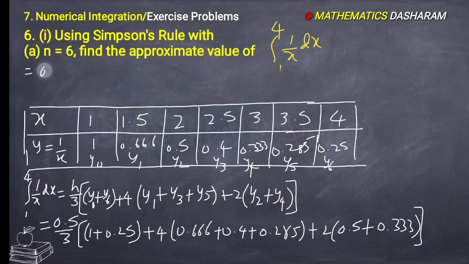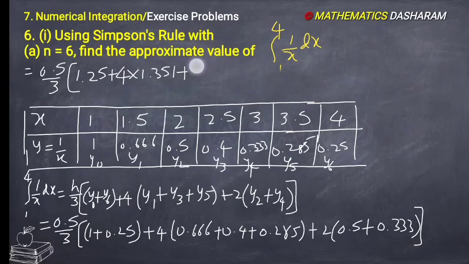It equals 0.5 divided by 3 times (1 plus 0.25 is 1.25, plus 4 times the bracket, where the addition of these three numbers is 1.351, plus 2 into the addition of these two numbers, 0.833).